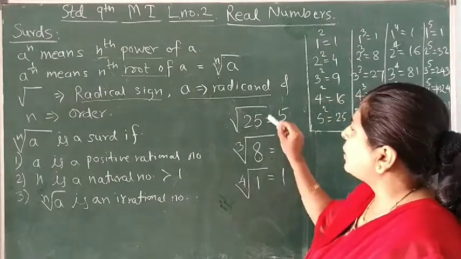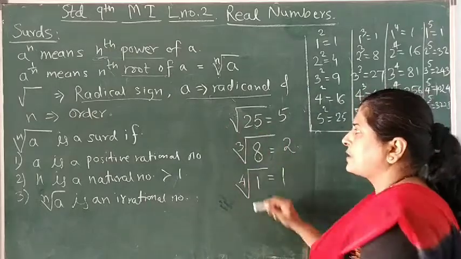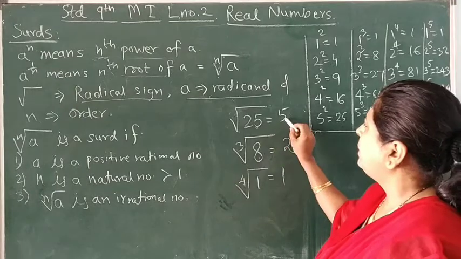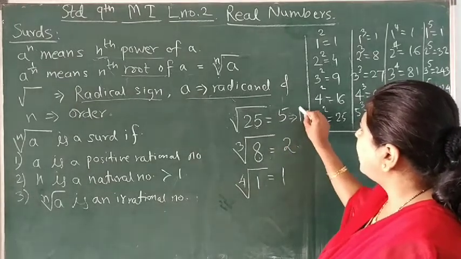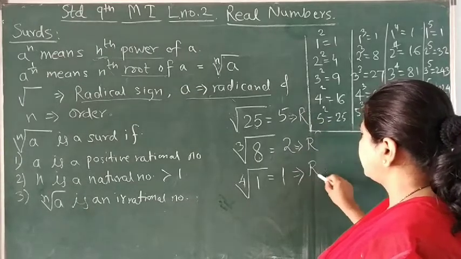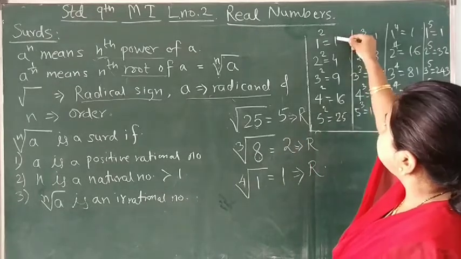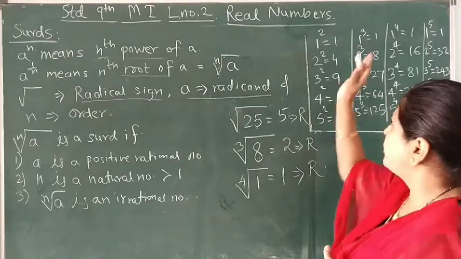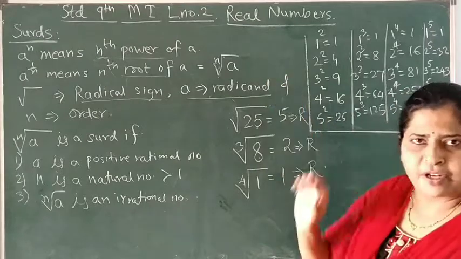Whatever we have written under this sign, we will not call it the square root sign. We will call it a radical sign. Its values here are 5, 2 and 1, so these are rational numbers. These are perfect squares, 1, 4, 9, 16, 25, so their square roots are rational numbers.